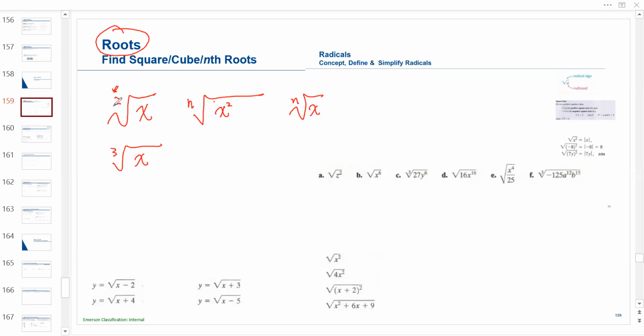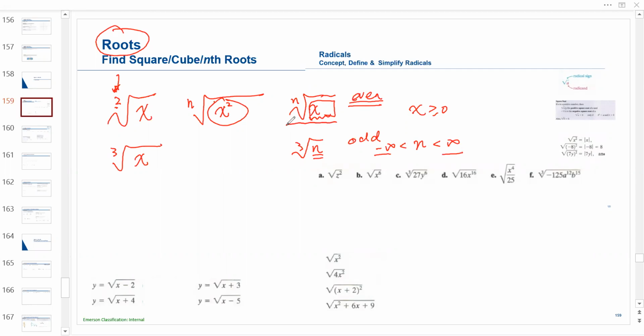If this root n is an even number, the radicand inside should be greater than or equal to 0, right? When it is an odd number, like a cubic root, this can be any number from negative infinity to positive infinity.